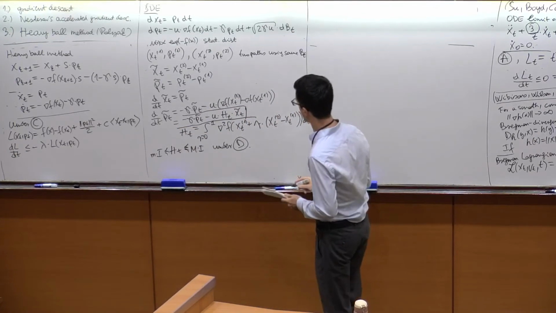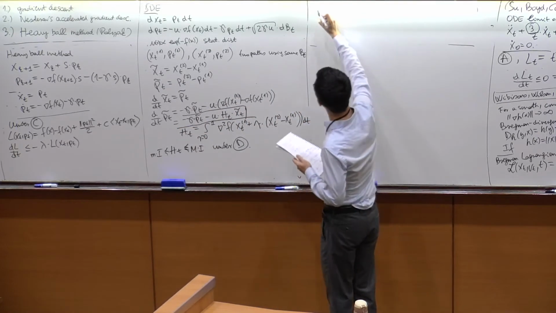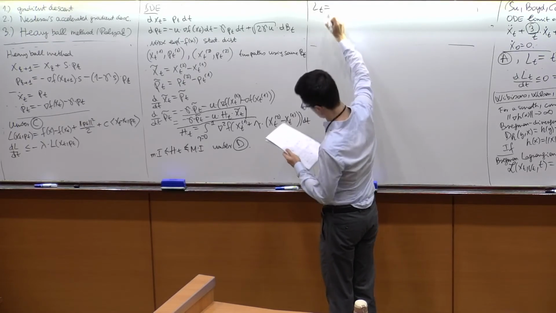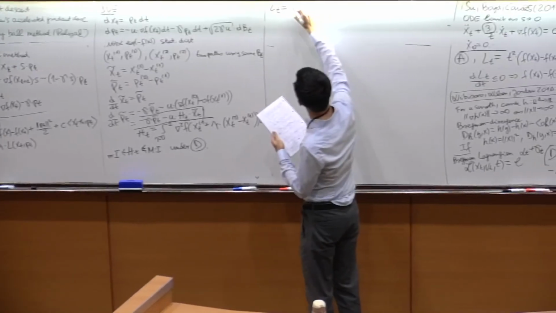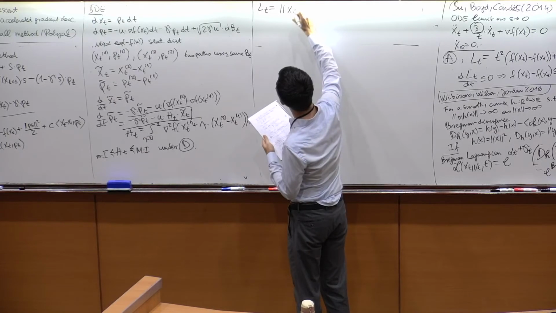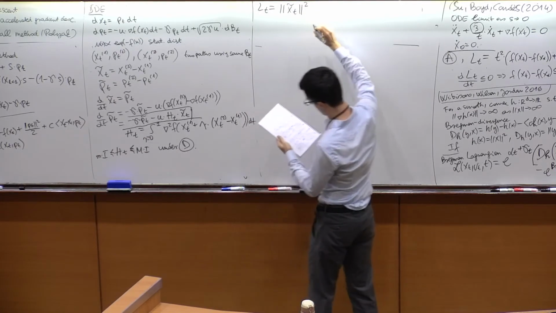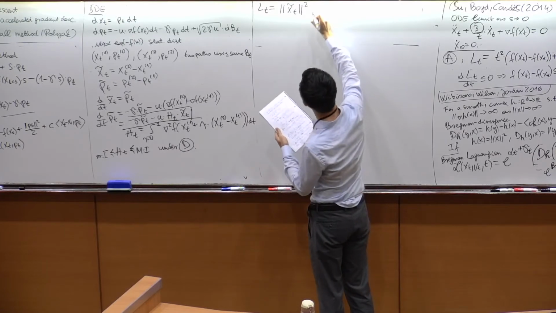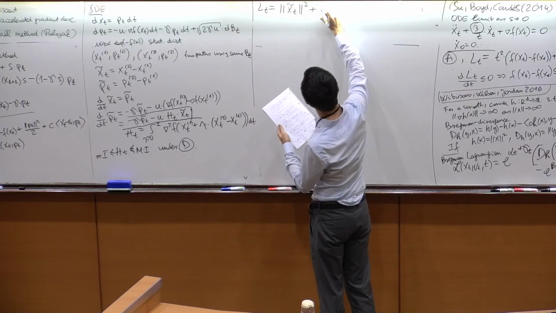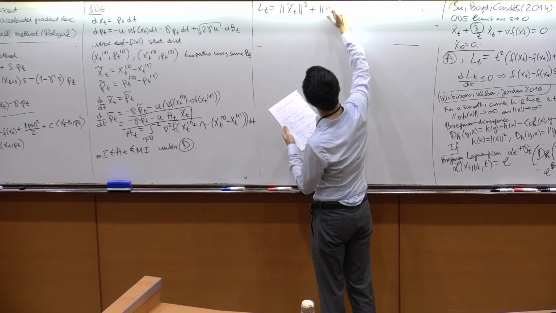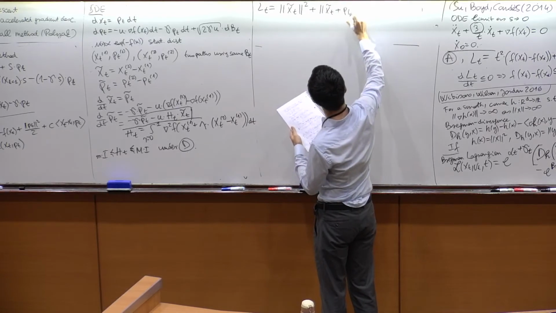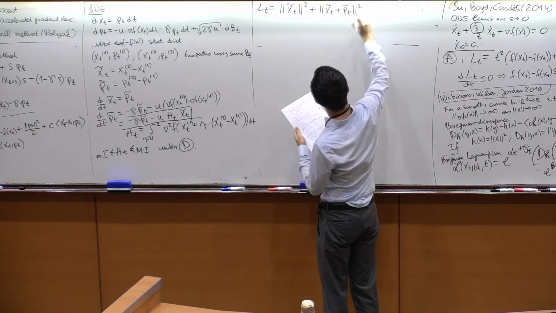So now we are going to look at the Lyapunov function L_t, which is simply the sum of squares. So first you have x_t squared, and then you have (x_t tilde plus p_t tilde) squared.